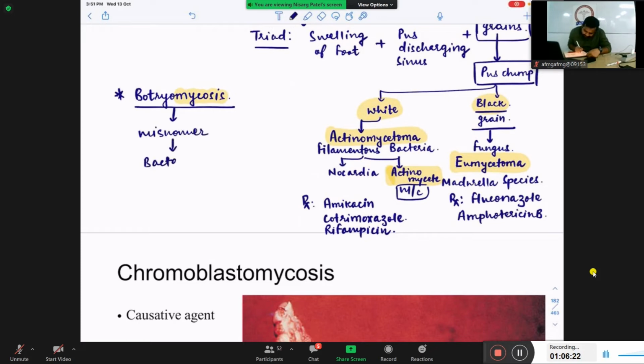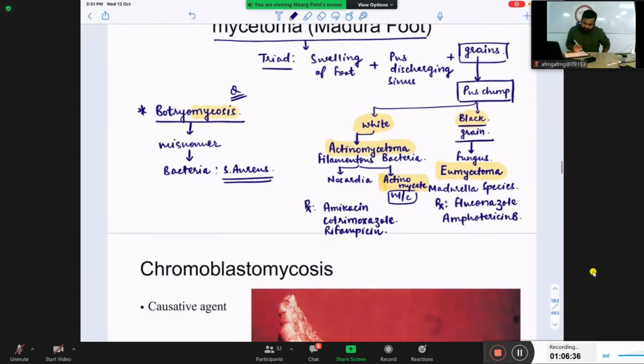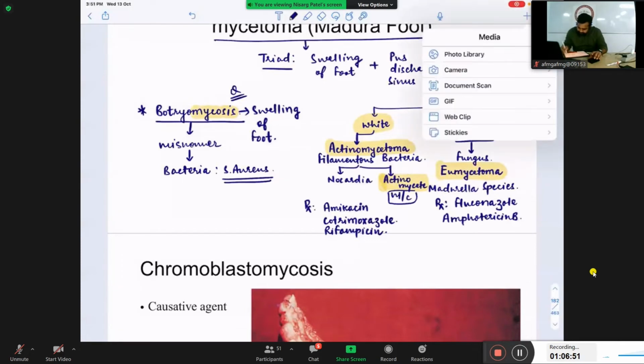The causative agent is a bacterium, which is Staphylococcus aureus. So botryomycosis is also a swelling of the foot. Okay, it is a swelling of the foot. But the causative agent is different.